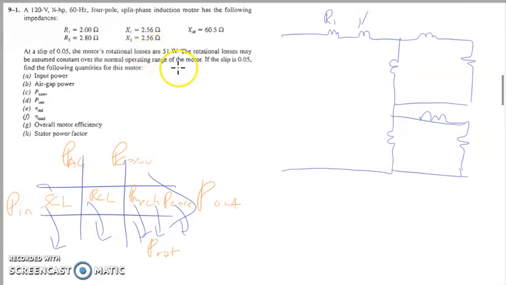Rotational loss is 51 watt, and it is assumed that the losses are constant over the normal operating range of the motor. So at this slip, find the following quantities. These are the general quantities you should be able to find once you are given these parameters with the slip.